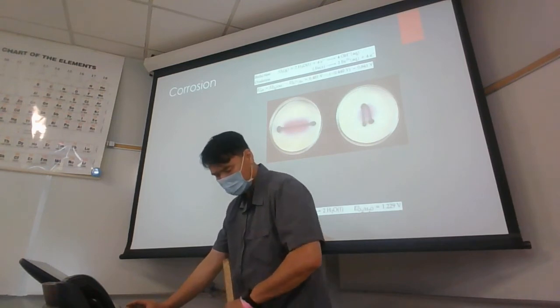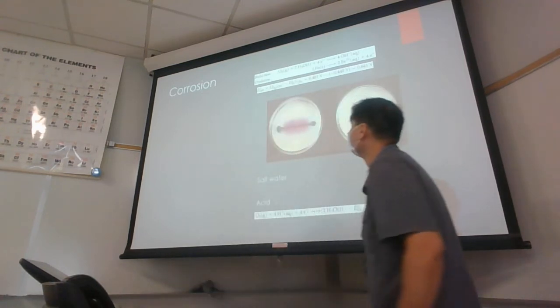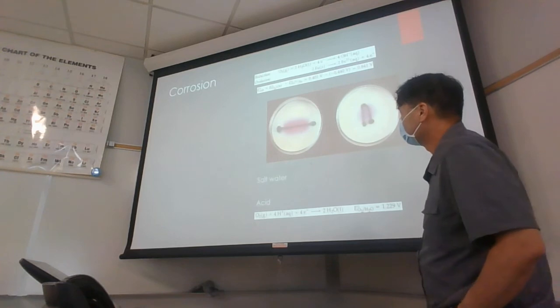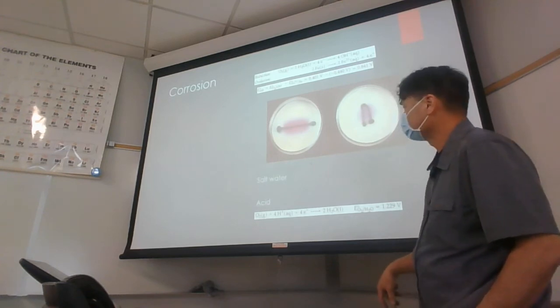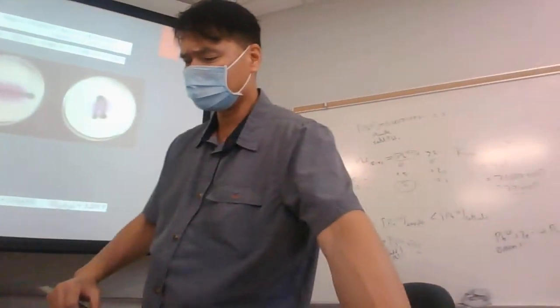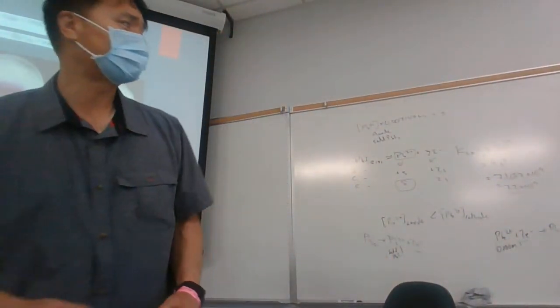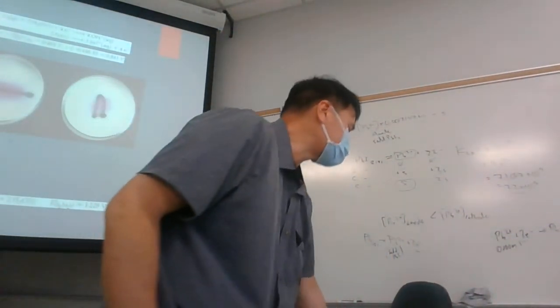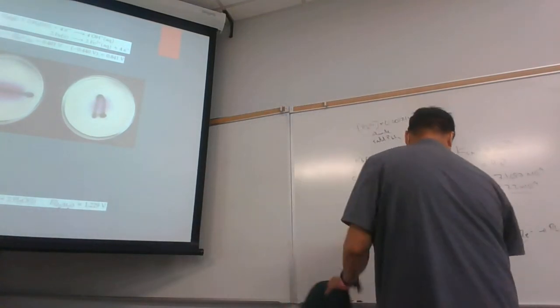And we talk about corrosion. Corrosion is also a battery, but it's not used to generate electricity here. You think corrosion or rust is fairly straightforward. When you think about rust, it's just oxidation of iron.